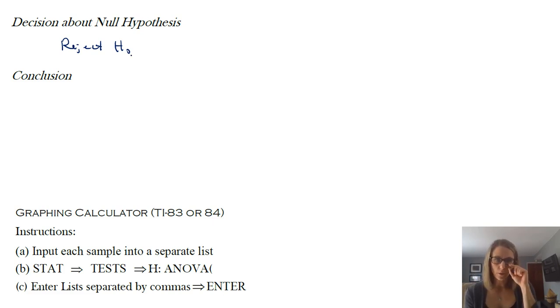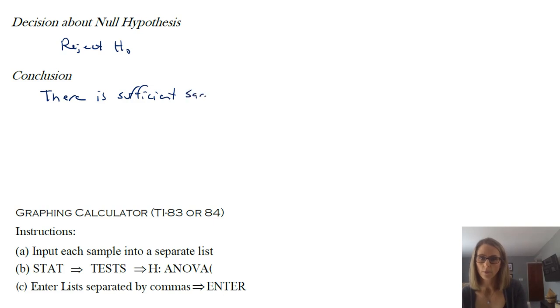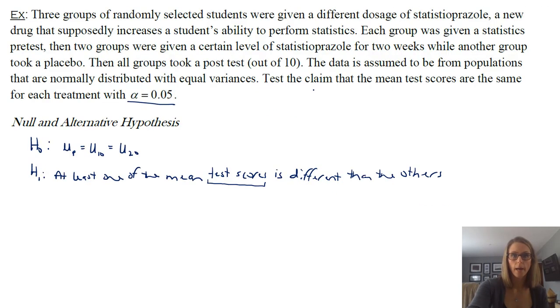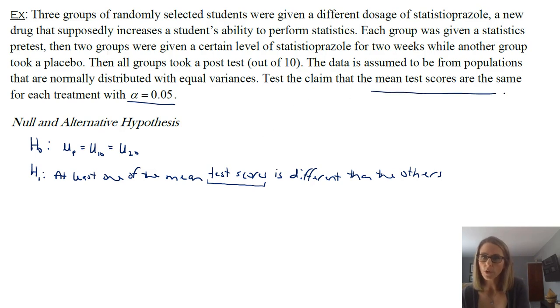You can see down at the bottom of the screen how you do this in the graphing calculator. Now, the conclusion is, just like always, there is sufficient sample evidence to, and then we come back and think about the claim. The claim is that the mean test scores are the same, so our claim here is the null, that they're equal.